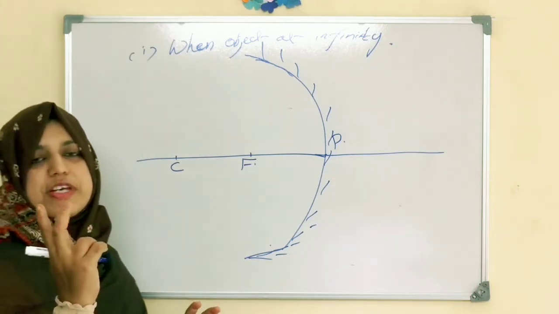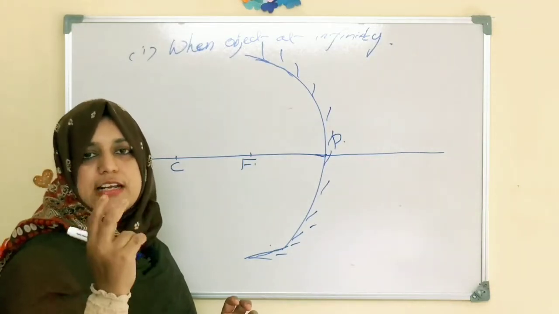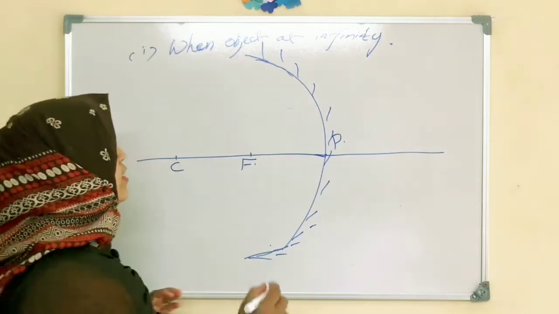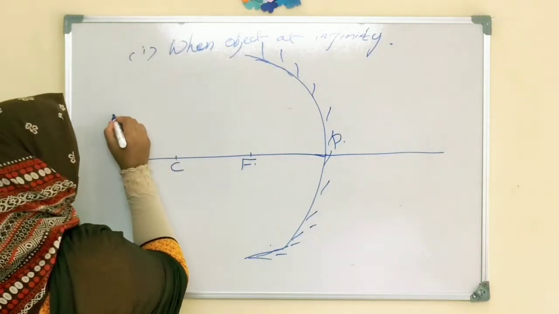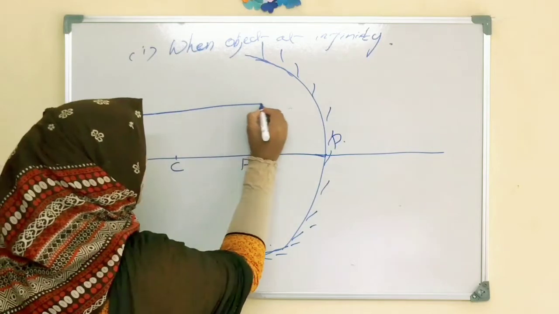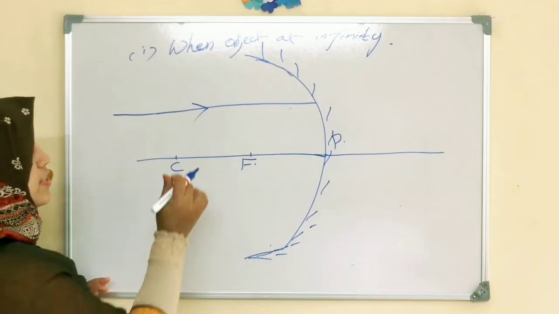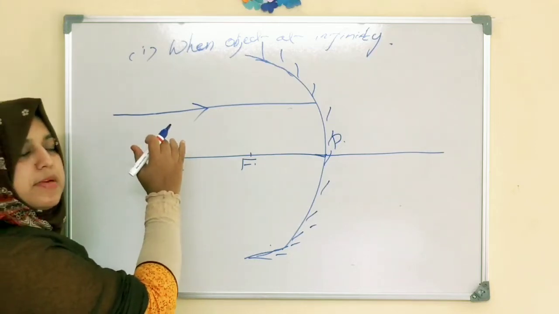Minimum 2 rays we need to complete the formation of image. We need minimum 2 rays. So first of all, the first rule for obtaining image is, what is that? Do you remember the first rule for obtaining image?